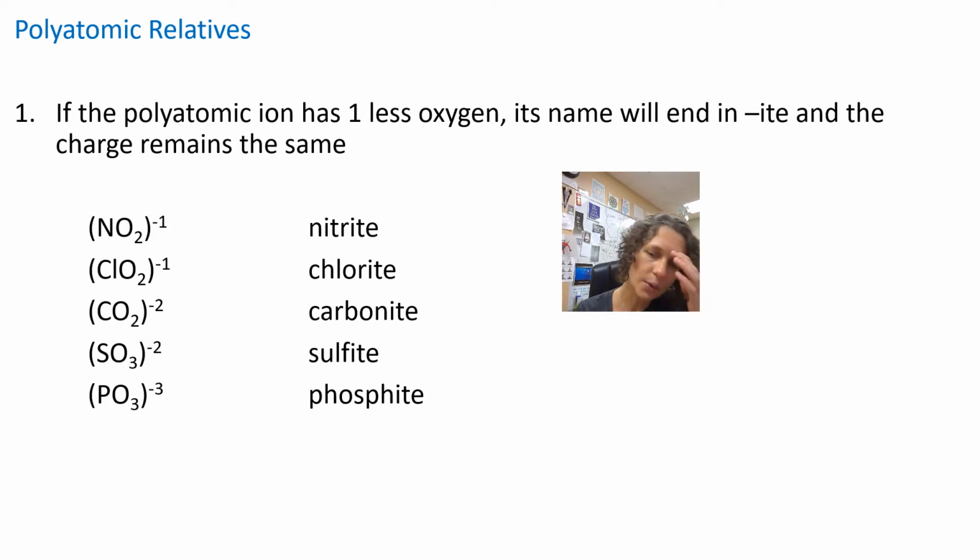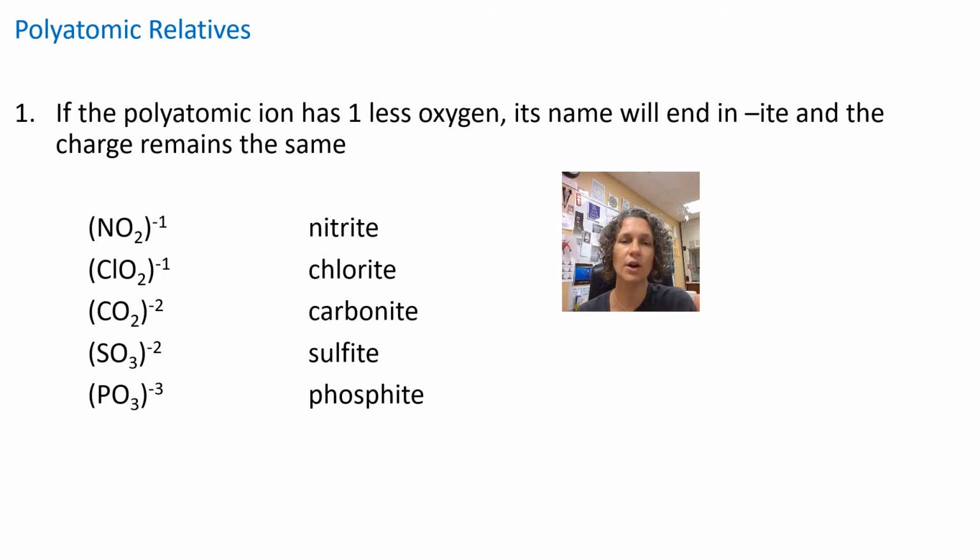Okay, so now there are some relatives that I want you to know about. You're not going to need to memorize any of these, and as a matter of fact, I'll have you write the polyatomics from the page before on your periodic table, but I did want to make you aware of these relatives. The polyatomic ions can change. The first group of relatives changes if you have a different number of oxygens.